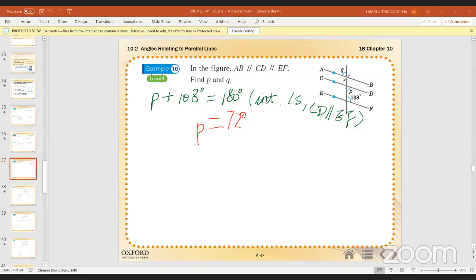After finding P, we need one more angle so that this angle can connect with Q and also connect with P. Say for example, we call it R. Then we first tell people that R equals P, which is 72 degrees.